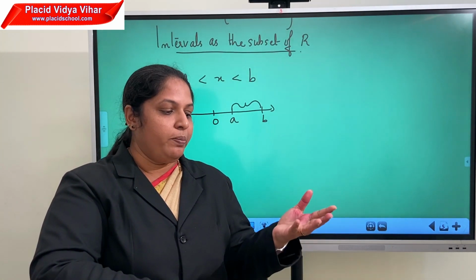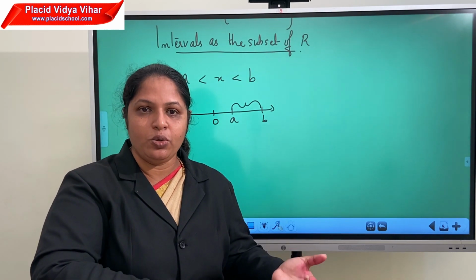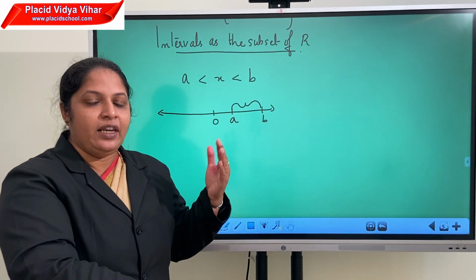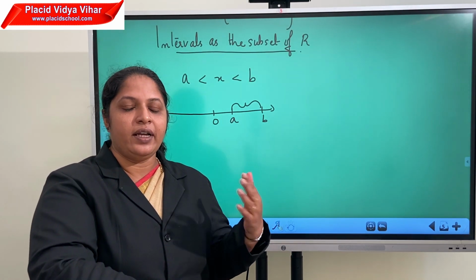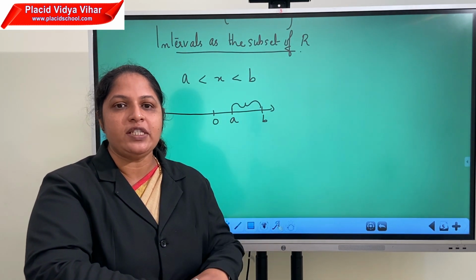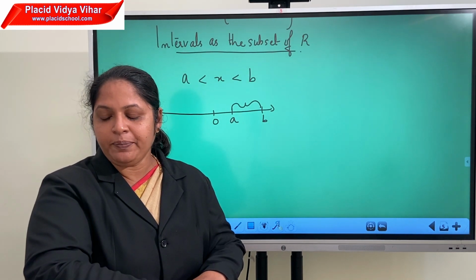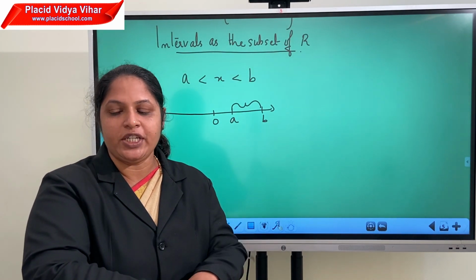That is mainly open interval and closed interval. Again left hand side open interval, right hand side open interval, and similar kinds of intervals we are going to learn. First thing, we will write the introduction.